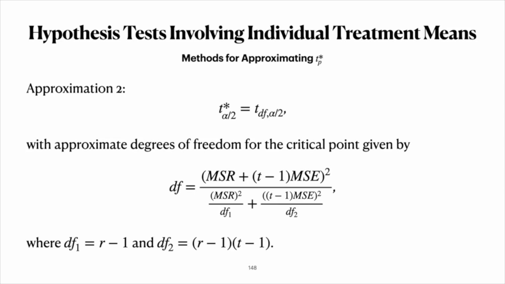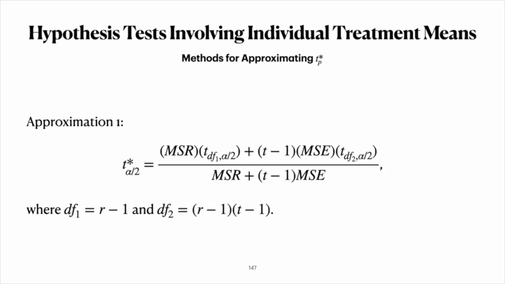Certain things did cancel out, but we do have this t-1 here, both in the numerator and in this right-hand component in the denominator as well. So those are the formulas, and again, these simplified formulas are only for the situation where we're testing hypotheses about individual treatment means.